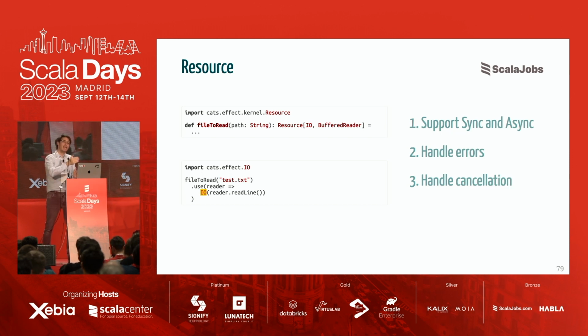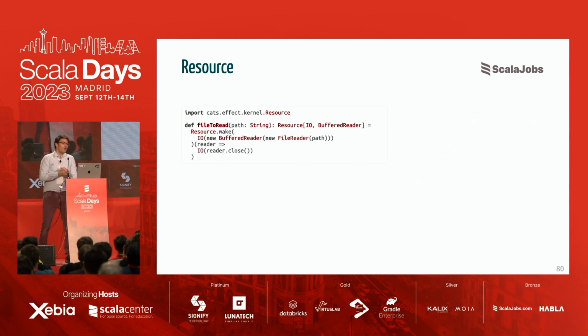So we want to cancel it because it's not required any longer. But with a Future, you can't cancel it, at least a Scala Future. But IO supports this sort of stuff. So again, it's not something you necessarily need too much in your application, but it's nice that it's there.